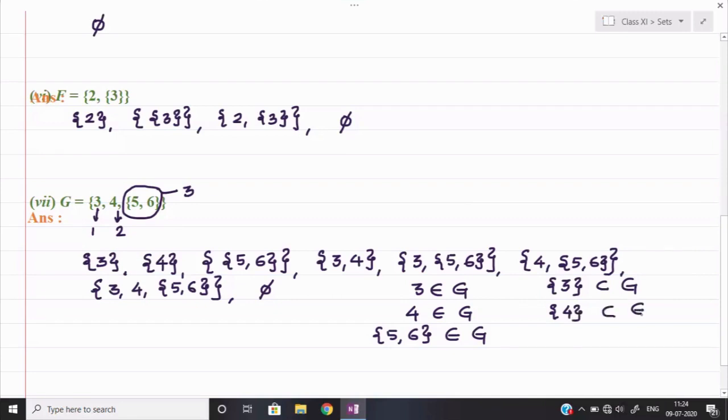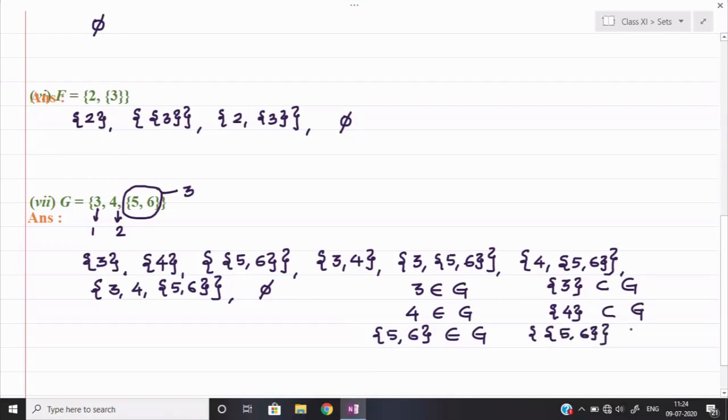Okay, and in the same way, if I want to write {5, 6} along with the curly bracket in the form of a subset, then I will put the curly bracket 2 times. Okay, that you need to remember in upcoming questions.